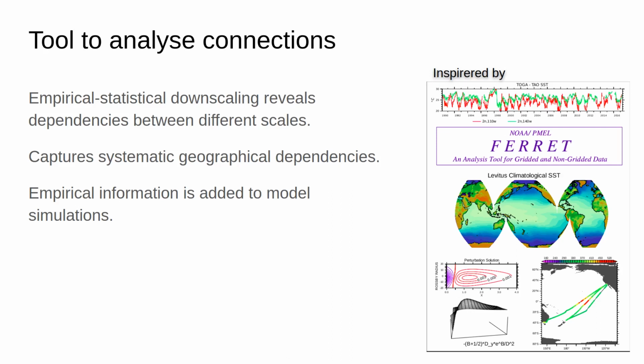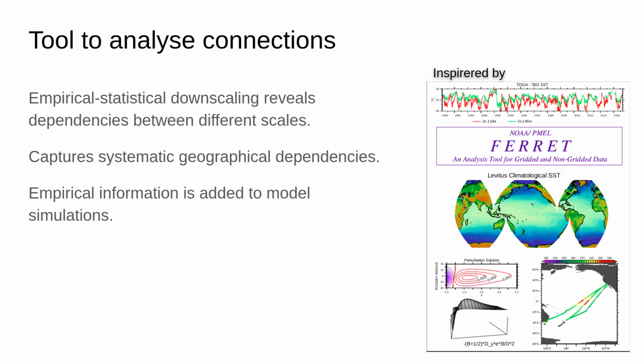So it's a tool to analyze connections, and empirical statistical downscaling is one of these ways of analyzing these connections and making use of them to make predictions. So it reveals dependencies between different scales, and it captures systematic geographical dependencies.